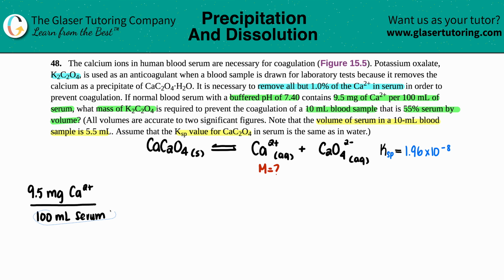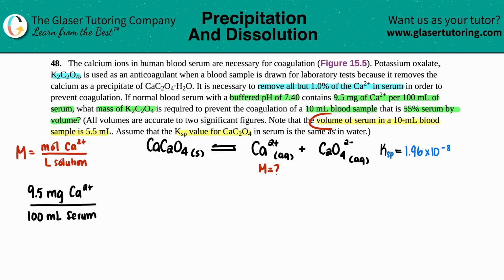Blood serum, basically, right? Now remember, if we want to solve for a molarity, molarity equals moles of the solute, which is going to be the calcium. That's the thing that's in the whole solution. So it's moles of the calcium divided by the liters of solution. And the liters of the solution is the whole blood sample, right? Not just the serum.